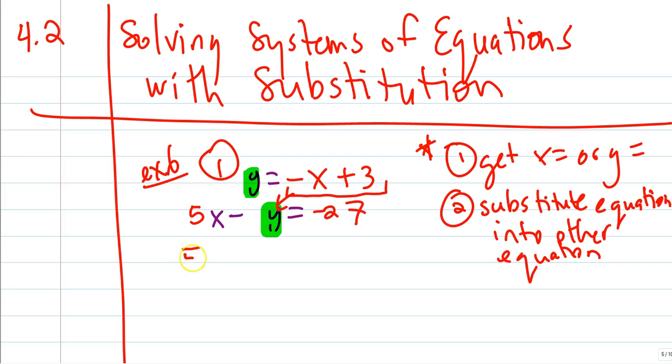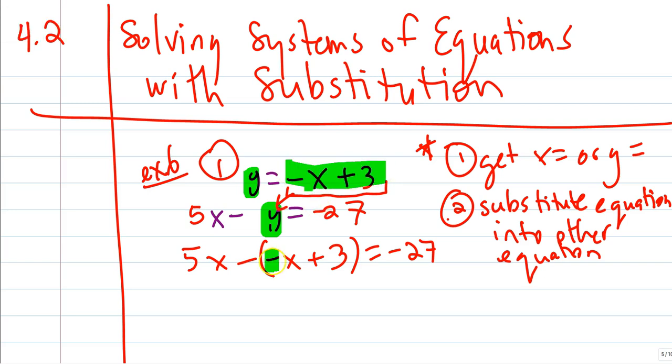So it becomes 5x minus, this is wrong, don't put it like this. It's minus the group negative x plus 3 equals negative 27. Okay? We substituted that negative x plus 3 in place of the y right there.